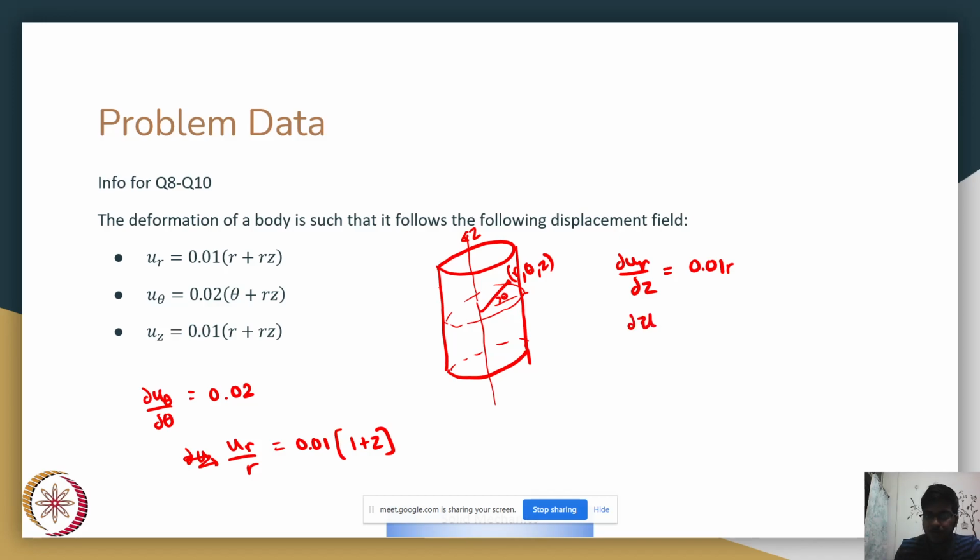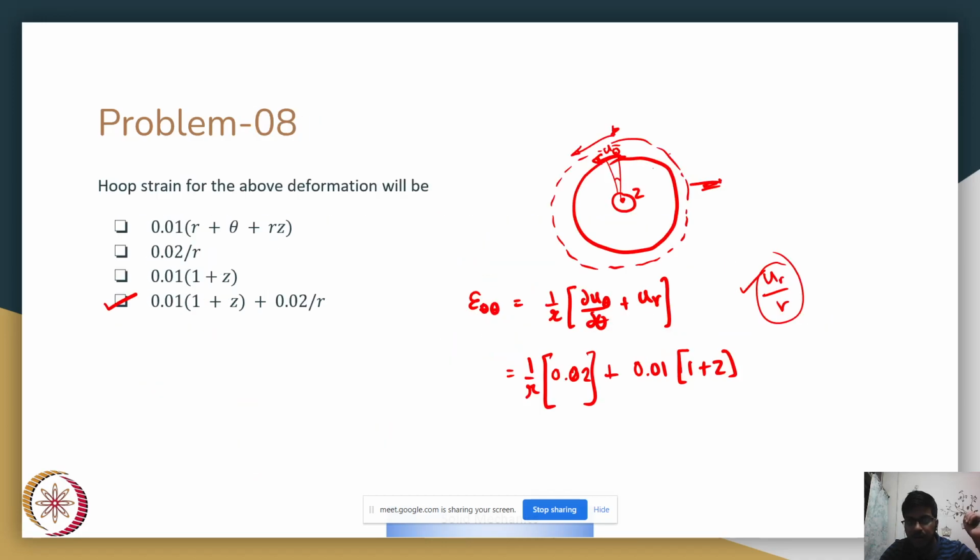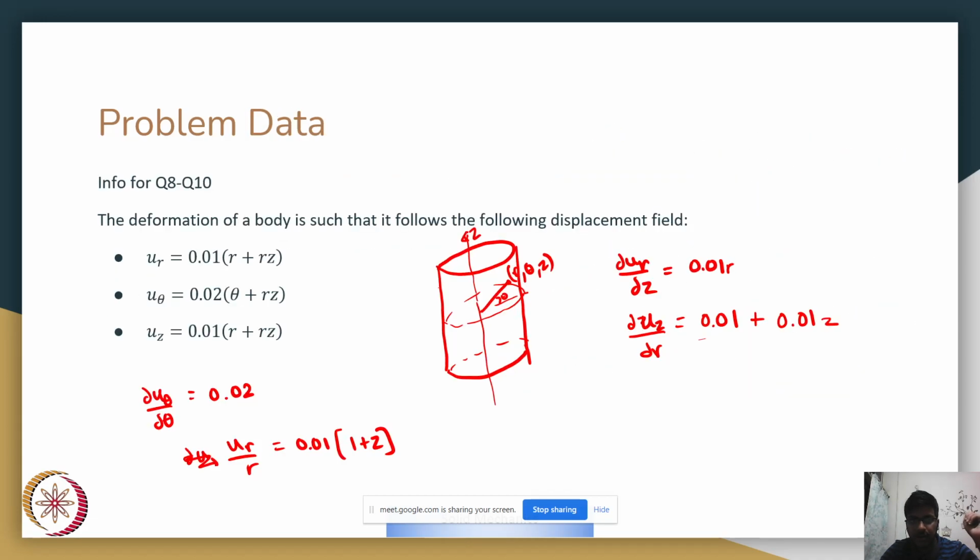And similarly, if you do dou uz by dou r, again you have 0.01 plus... did I make a mistake? Dou uz by dou r.